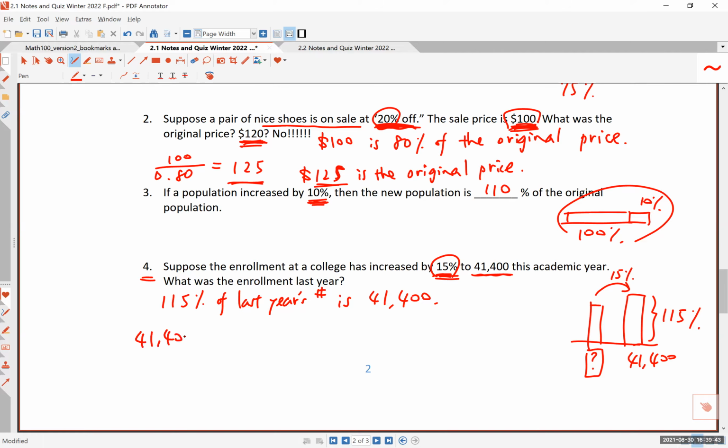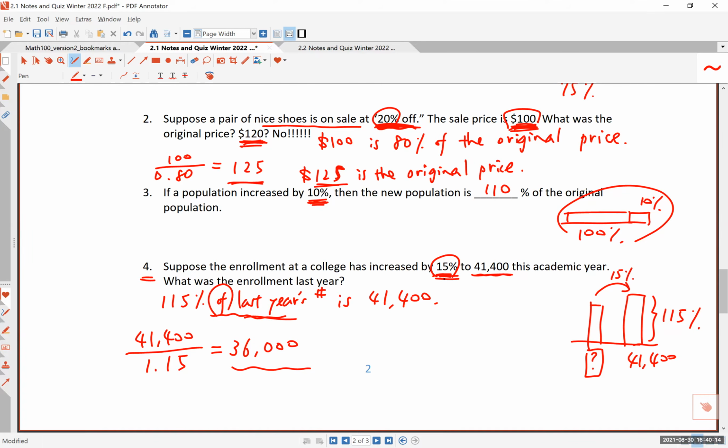Again, you're looking for the base number. And so you have to divide the current number, 41,400, divided by 1.15, which is 115%. Remember, whenever you look for the base number, you do division. And this will turn out to be 36,000 precisely. So that is the number of people that were enrolled at this college last year.